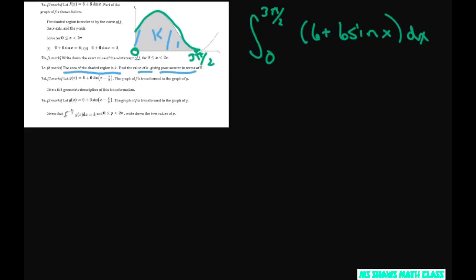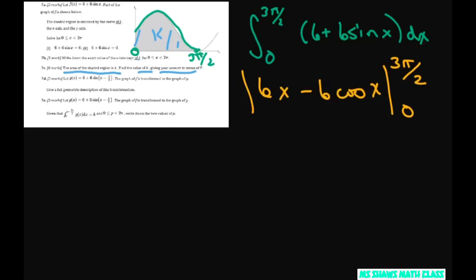All right. So now let's do the integral, and that's going to be 6x minus 6 cosine of x. And we want to evaluate that from 0 to 3 pi divided by 2. So let's substitute that in. You start with this one.